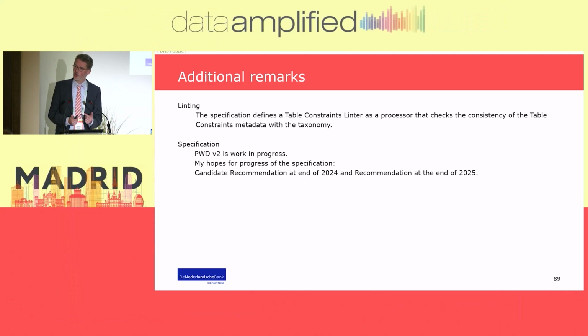But that would be the only time that for table constraints you need to access the taxonomy. So, for instance, if you define a table constraint that the type is date, then of course the fact that you are looking at in the taxonomy must also be a date and not a string, something of that nature. So that's what we think would be done by a linter.